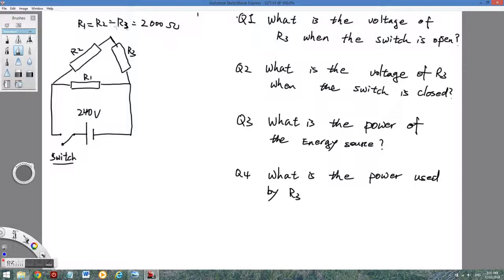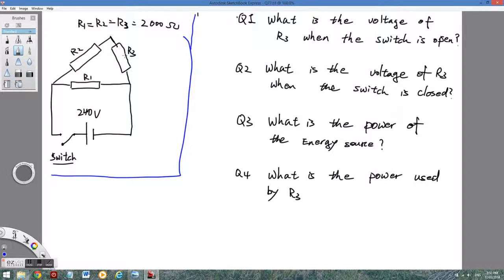Now look at this example. I have a circuit board here, and I need to answer those questions. By looking at the circuit board, it is very strange.